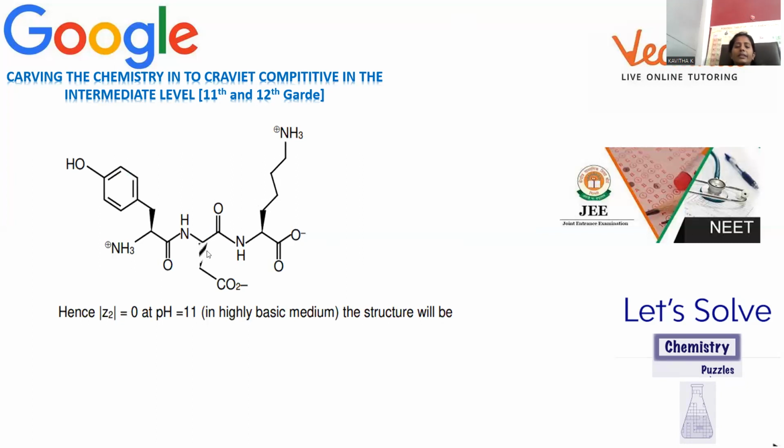Nearby neutrality. And case number 3, where pH is equal to 11, which is obviously basic in nature, being above 7. Compounds or components above 7 are said to be basic in nature.